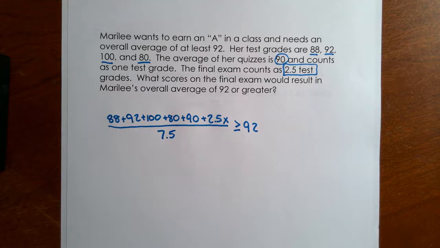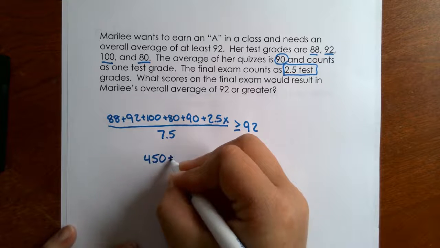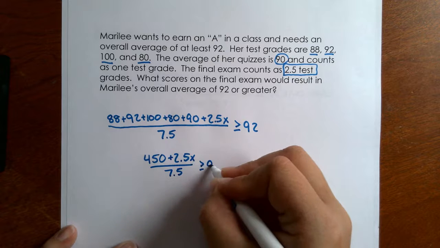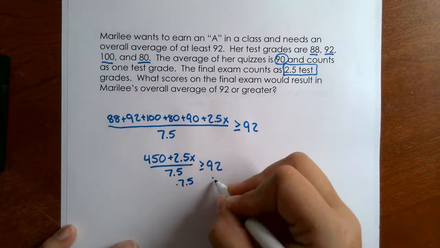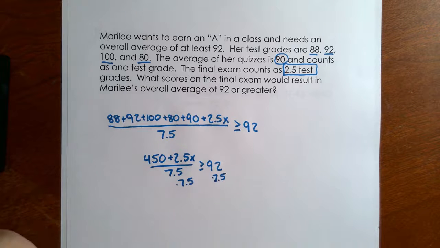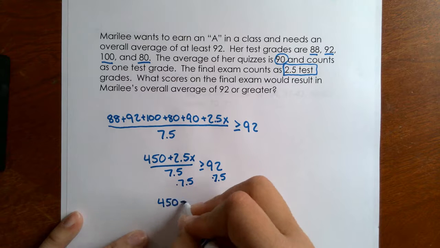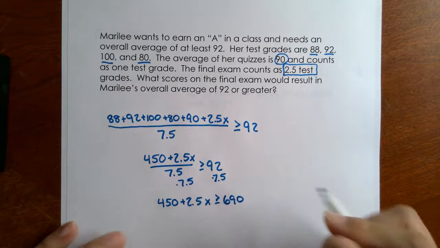Just like the last problem, we'll combine those like terms. 88 plus 92 plus 100 plus 80 plus 90 gives me 450 plus 2.5x divided by 7.5 is greater than or equal to 92. Multiply that 7.5 on both sides. 92 times 7.5, 450 plus 2.5x is greater than or equal to 690.